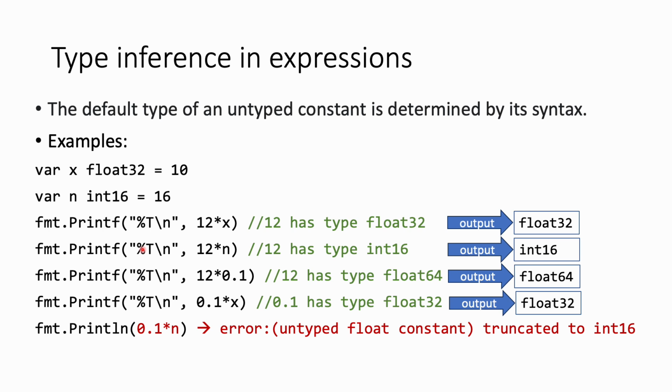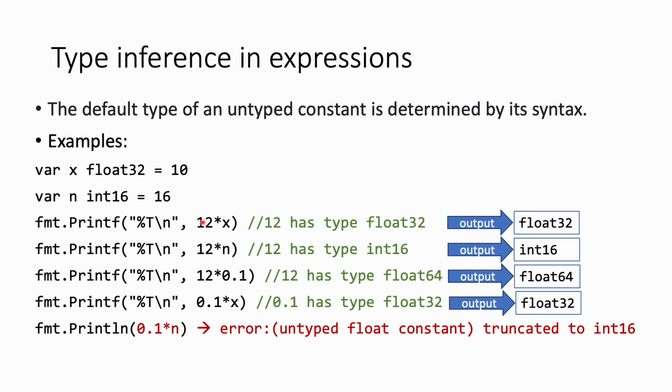For example, in the multiplication between 12 and variable x, where x has a type of float32, the constant 12 has type float32 as well.